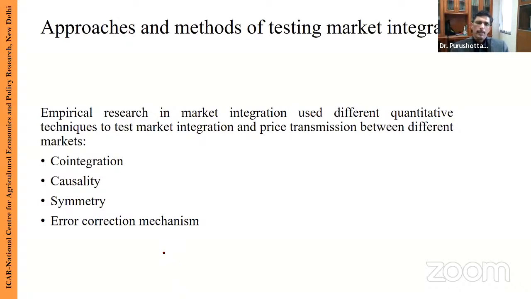Empirical research in market integration used different quantitative techniques to test market integration and price transmission between different markets. One is cointegration, then causality, symmetry, and error correction mechanism.